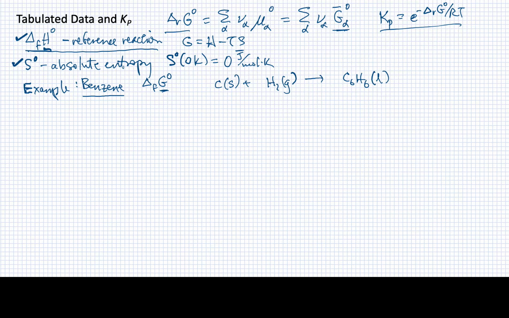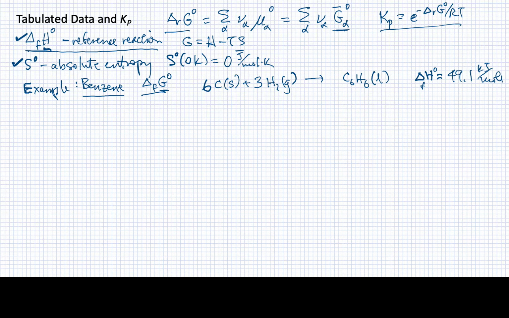Carbon is graphite, and we're going to need 6 of them to balance this equation. I'm going to need 3 hydrogens to balance this equation. I want to use this to figure out some kind of reference value for the Gibbs energy for this reaction. I'll start by saying that the heat of formation in this case is simply 49.1 kilojoules per mole.